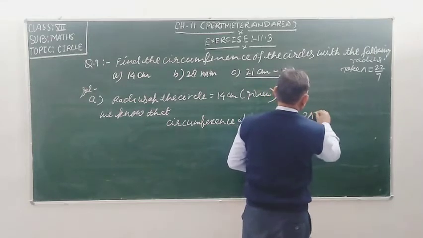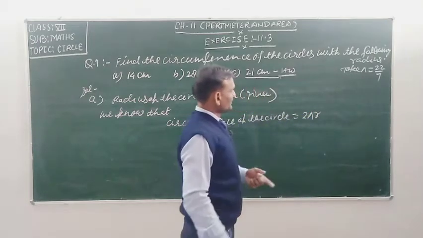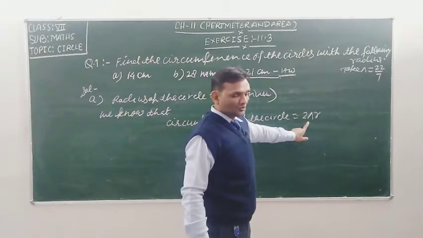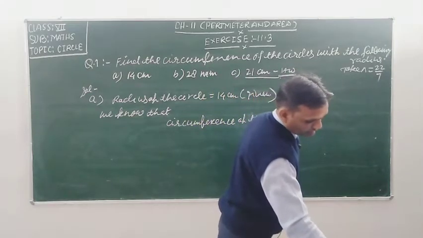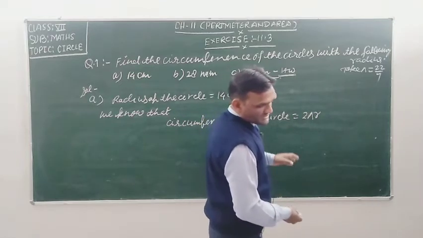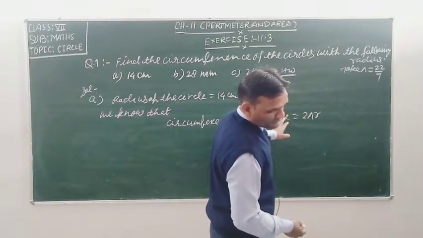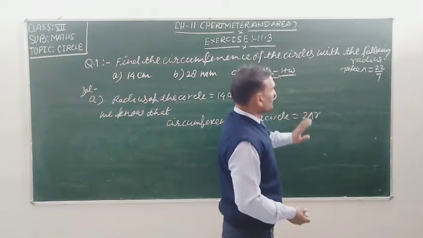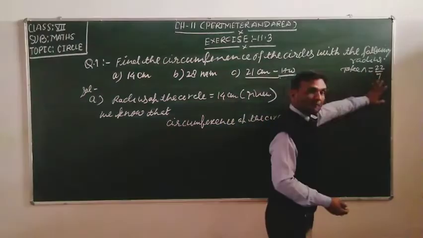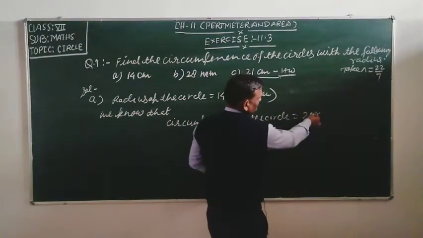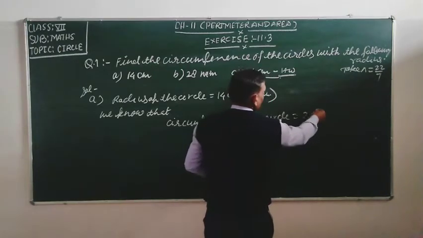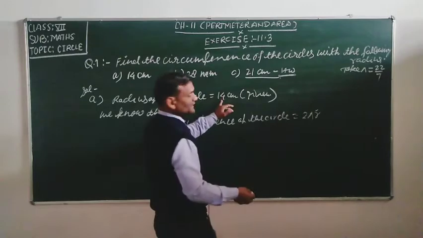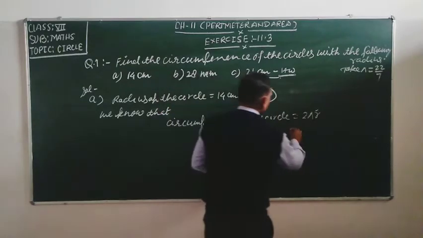Circumference of the circle is equal to 2 pi r, student. You know very well. The value of pi is given, 22 upon 7. So in the place of pi you can write 22 upon 7 and the value of radius is given in the question already. So put all the values.